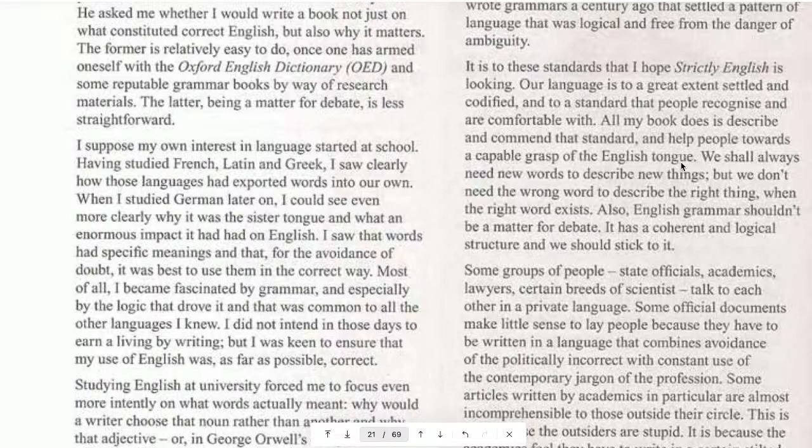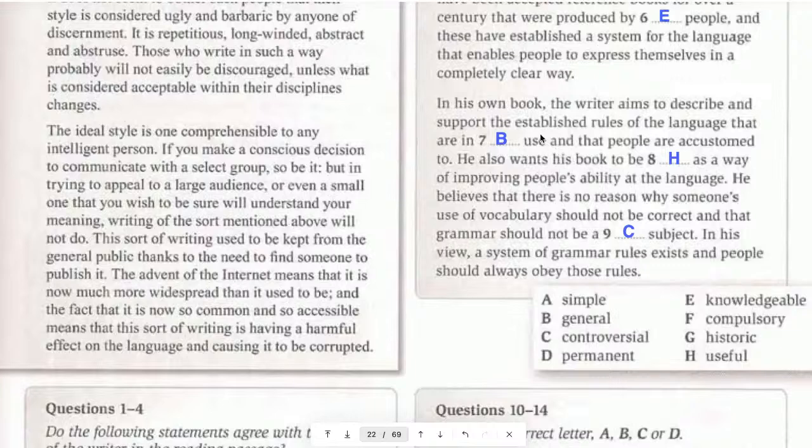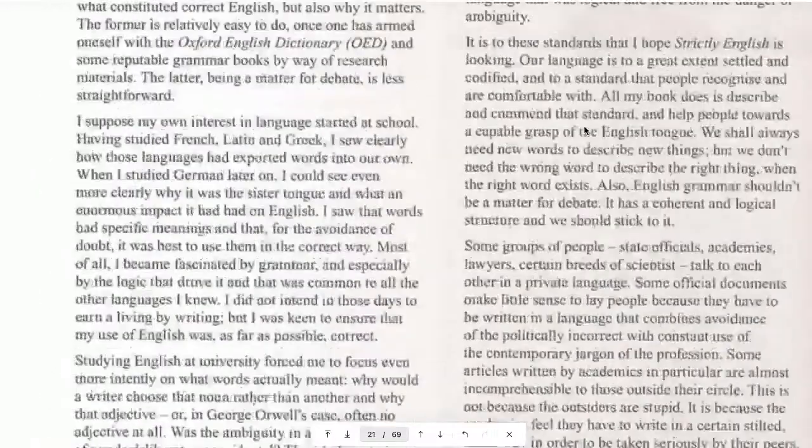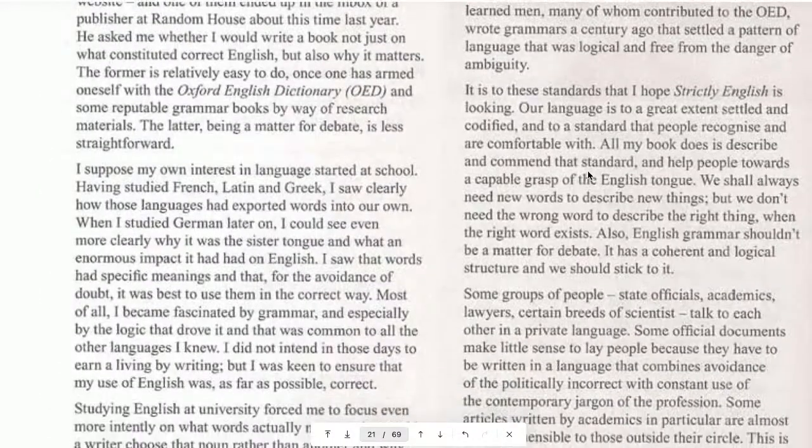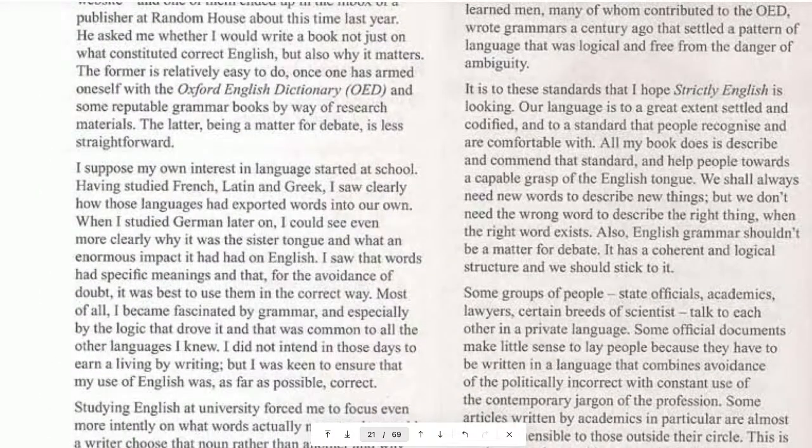Okay, now tell me some similar words and phrases and why we know that we have to fill in the answer here, which is general. Yes, the word comment is similar to support.